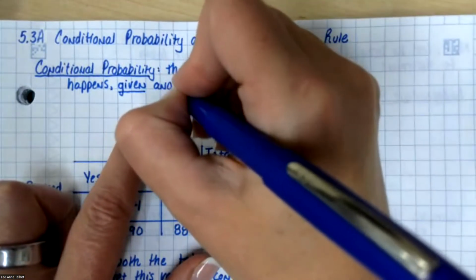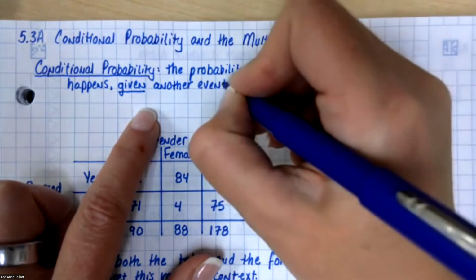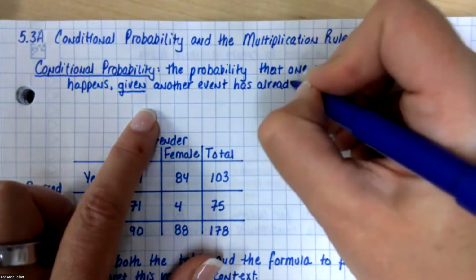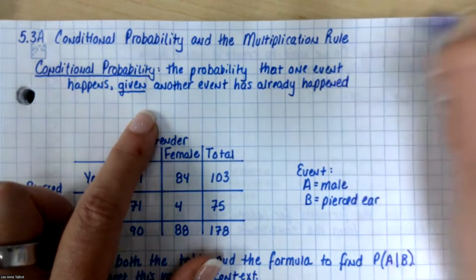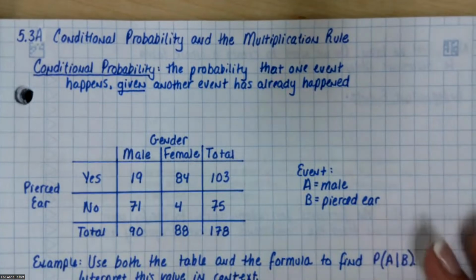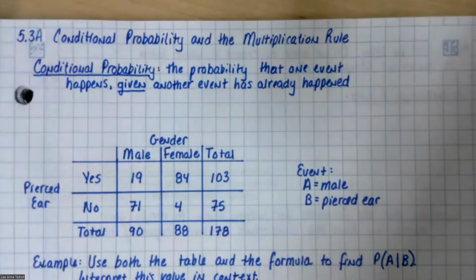Given another event has already happened. The probability that one event happens given another event has already happened.